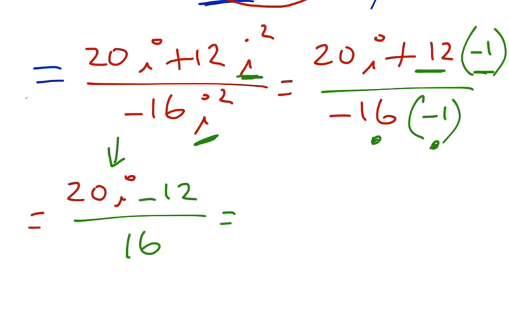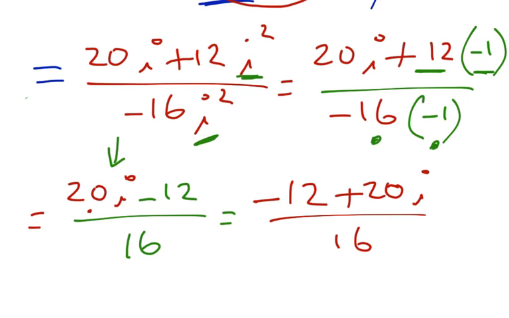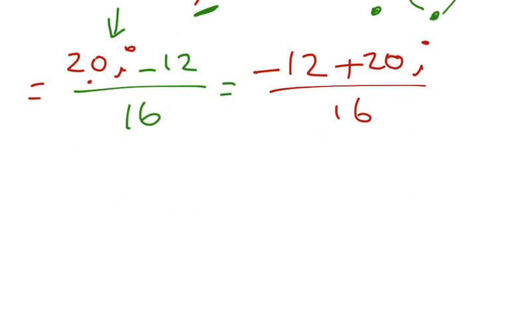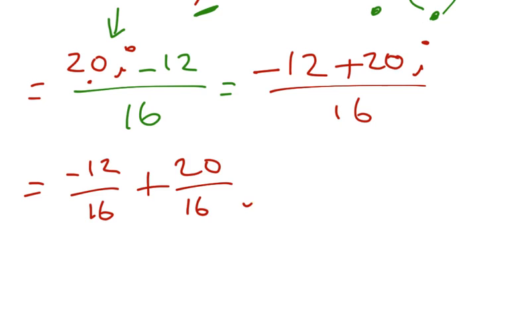So basically from the top, I'm going to flip that: negative 12 goes on the front, and this 20i goes to the back over 16. To finish, remember, break the negative 12 over 16 and the 20 over 16 and my beautiful i at the end. So technically, you're done.